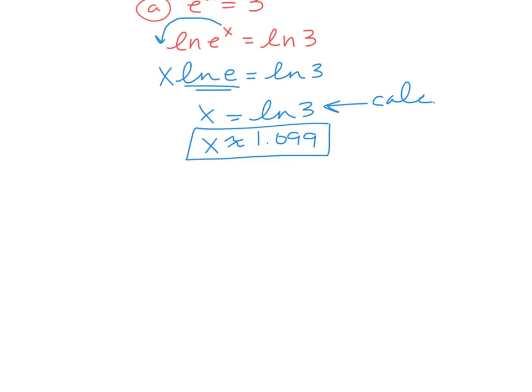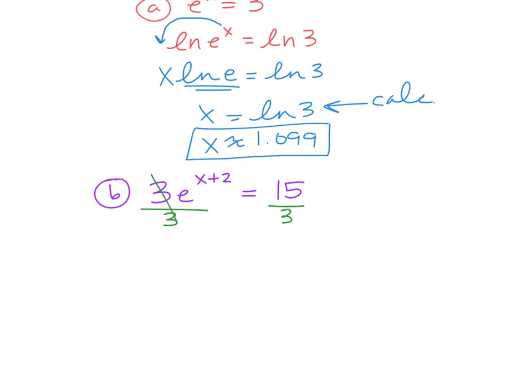Letter B. If we have 3e to the x plus 2 power equals 15, do you know what to do first? Isolate. How do we do that? Divide by 3.